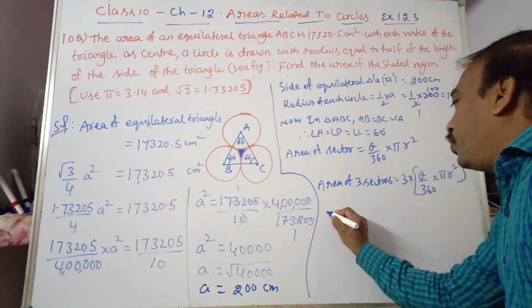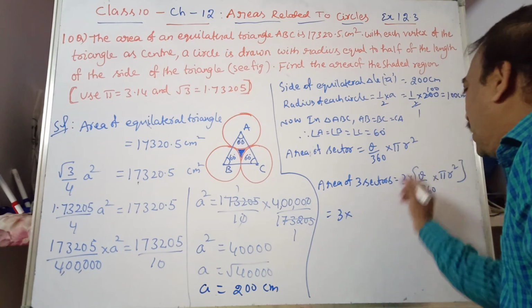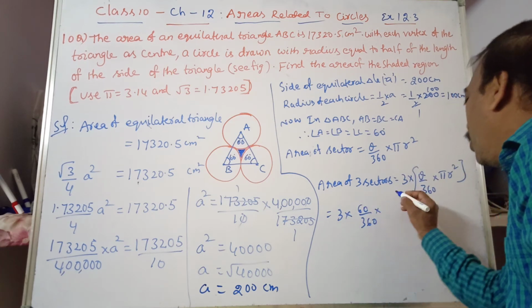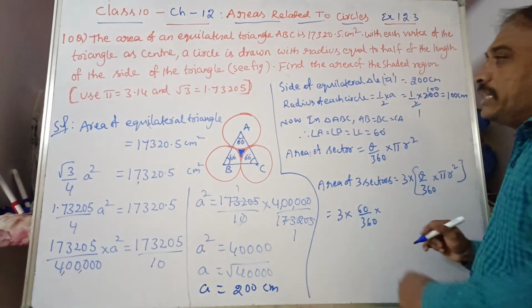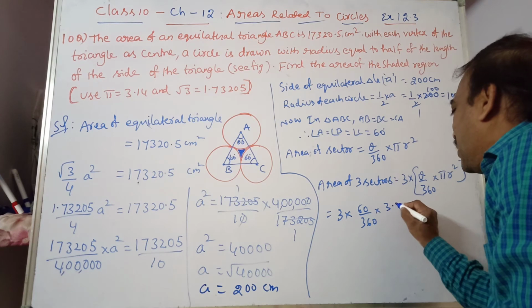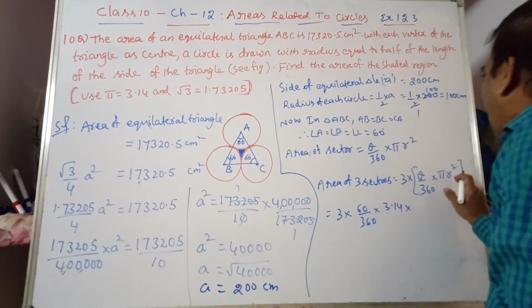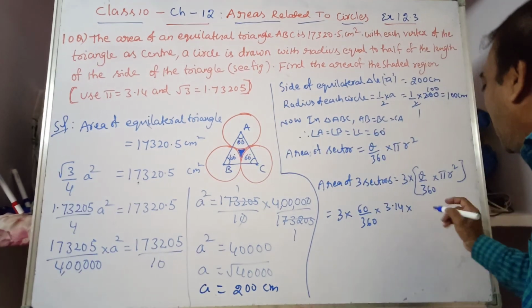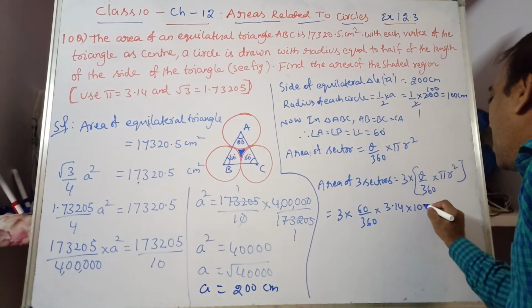So which is equal to 3 into 60 by 360 into pi. The value we said to use is 3.14, into radius 100 centimeter. As the side we got is 200, the radius is half of that, 100.